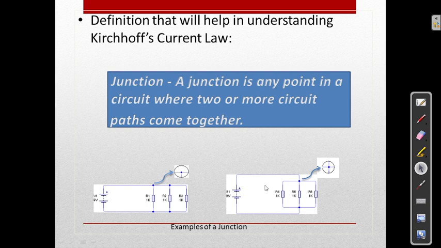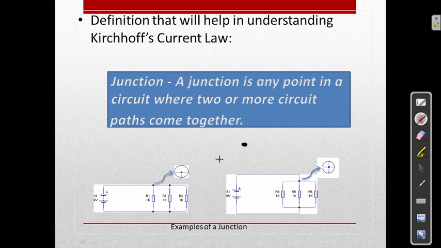The definition of Kirchhoff's current law involves a junction. A junction is any point in a circuit where two or more circuit paths come together. So, what is the meaning of junction?